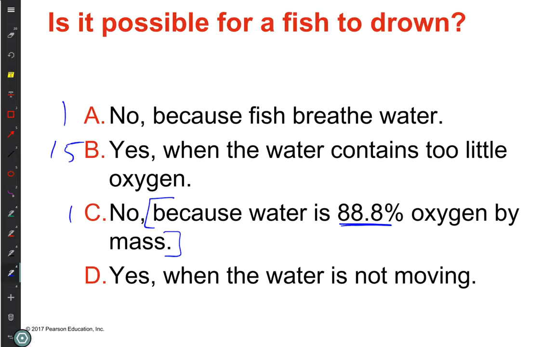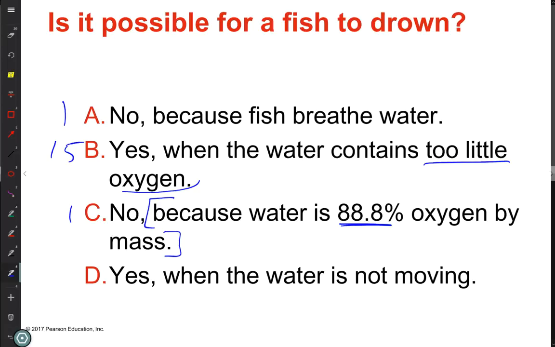The O is much more massive than the two H's. But you can't breathe the oxygen that's bound to hydrogen. You have to have O2, oxygen bound to oxygen. And so if you have too little oxygen, that's O2, well, the fish just can't get it.